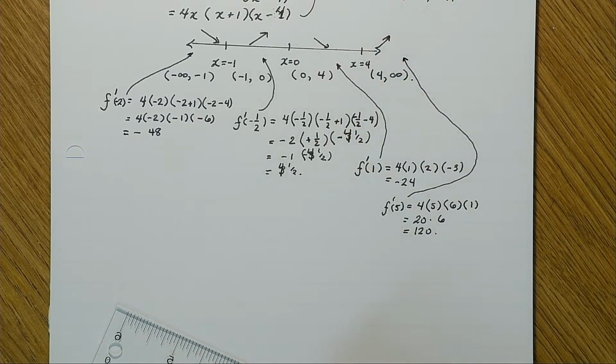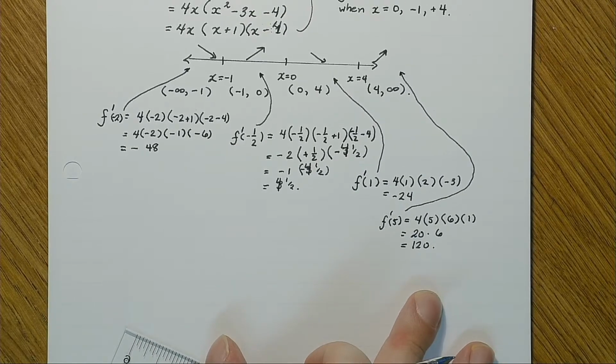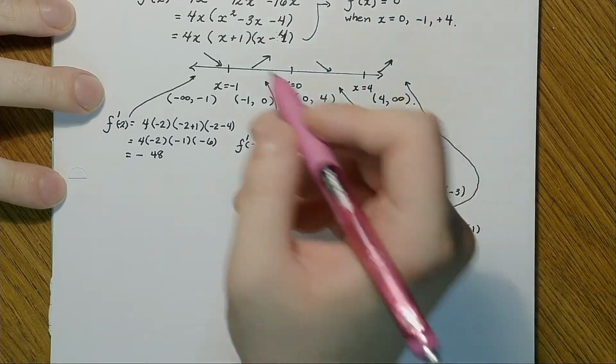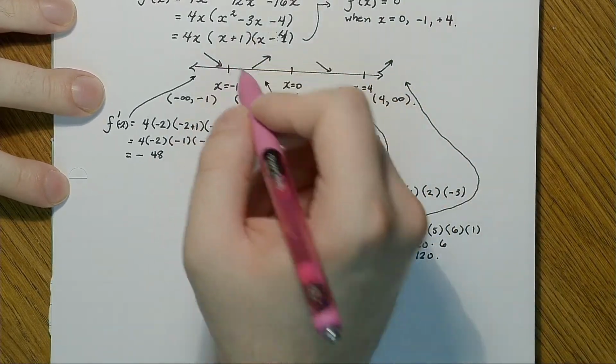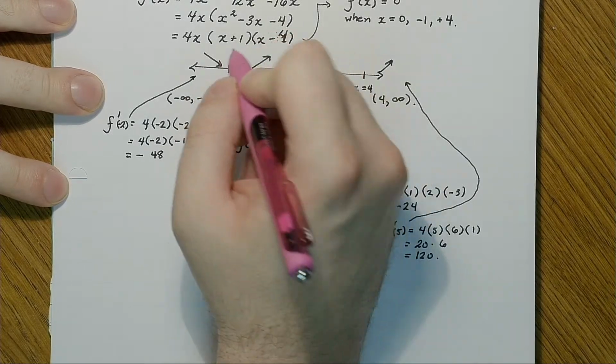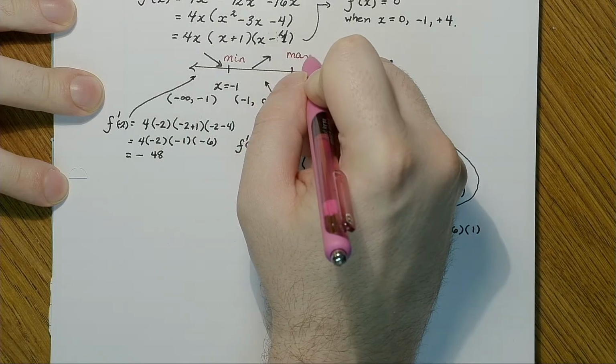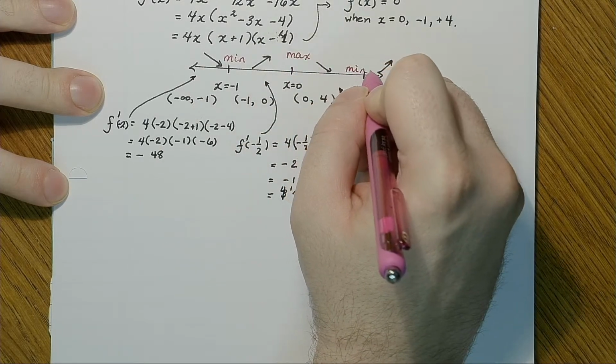There we go. Perfect. And again, I can classify these points. So here is my min, here's my max, and here's my min again.